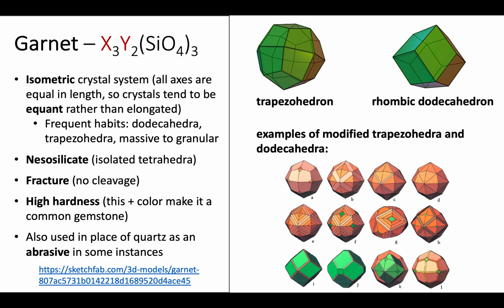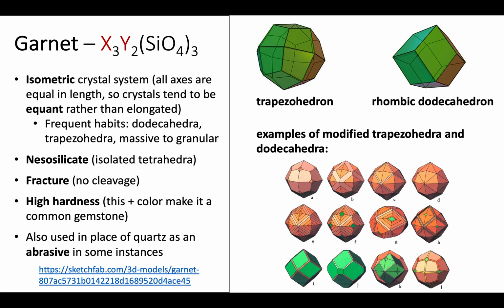Because we have that SiO4, just the same way we have SiO4 in olivine, remember our olivine formula, Mg2SiO4, that SiO4 is indicating that we have a nesosilicate, where we have these isolated tetrahedra. So we're looking at a relatively silica-poor mineral here. We have 4 oxygens for each silica, none of them are shared.